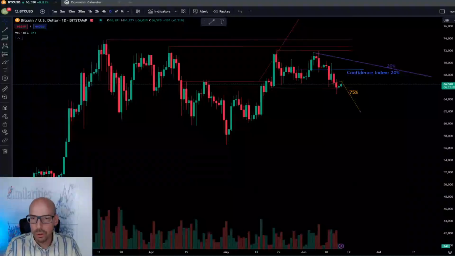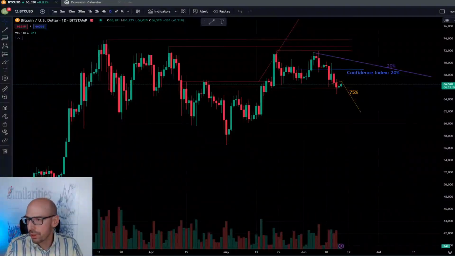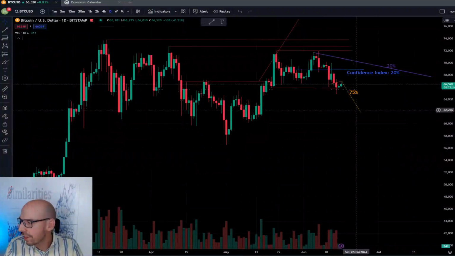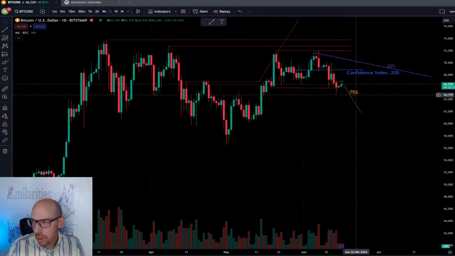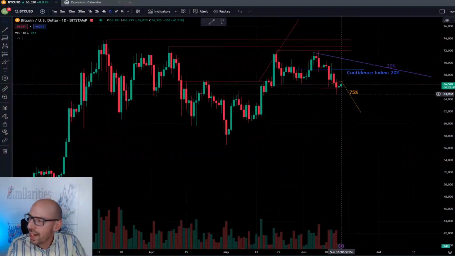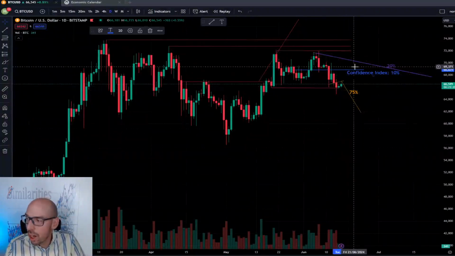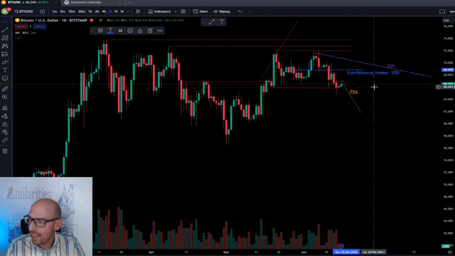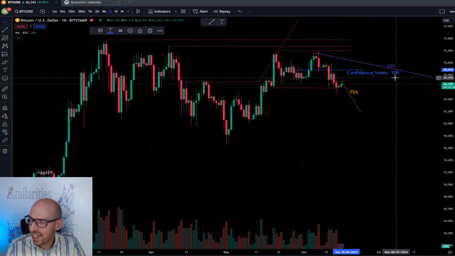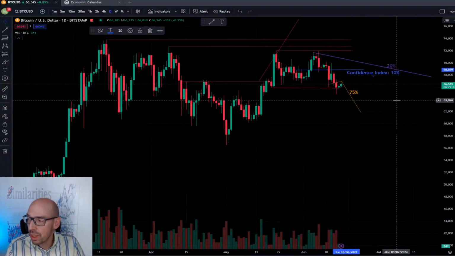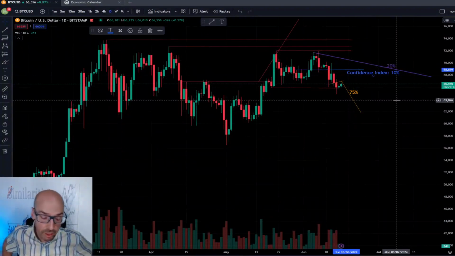So contrary to my short-term indication that it would go down, the medium-term indication would say that it would stay in that range another week. So I will keep that blue line here and put the confidence index at 10% because the more we stay inside that rectangle, the more probable it is to break out at some point.